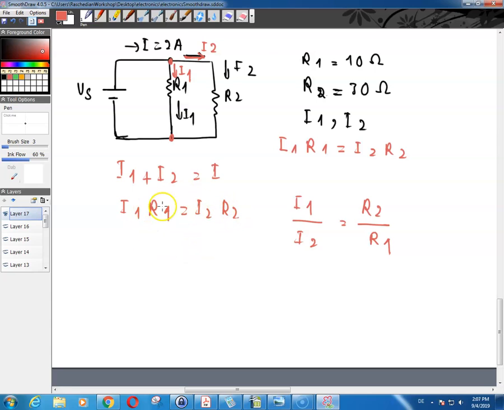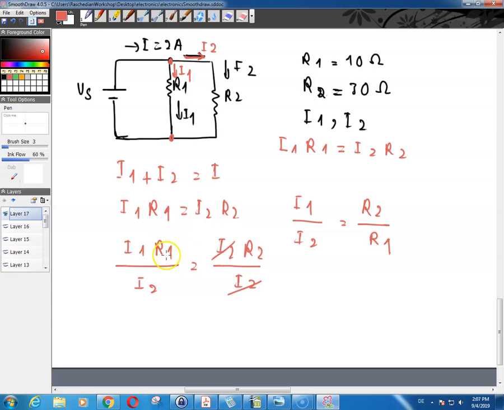If you rearrange this equation, I1 R1 is equal to I2 R2, and divide by I2, you get I1 R1 divided by I2 is equal to I2 R2 divided by I2, and these two cancel out.